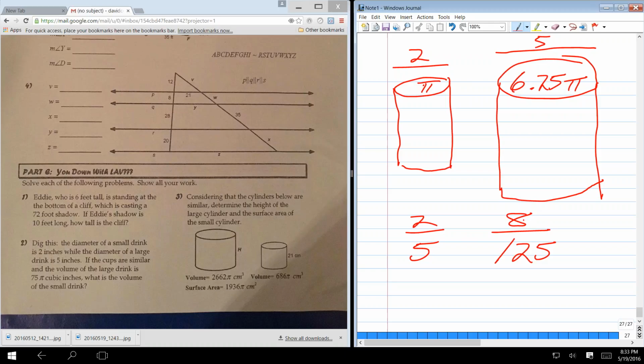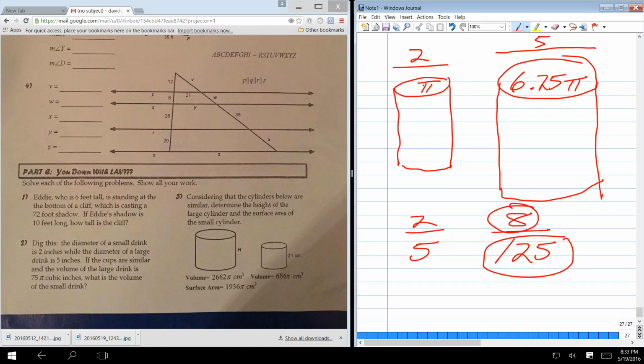So this is the volume of the 2-inch small drink, and this is the volume of the 5-inch drink. The 5-inch drink is 15 times the volume of the 2-inch drink, and yet the radius is just barely double.